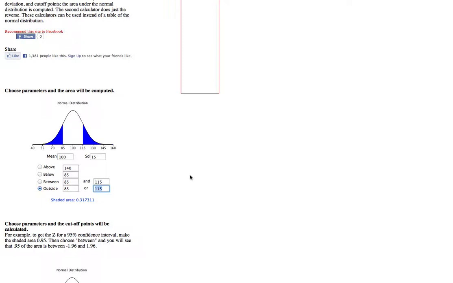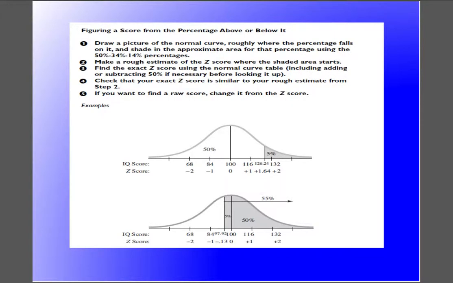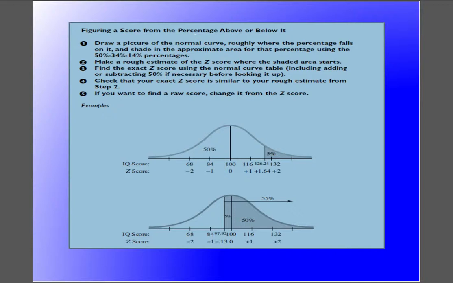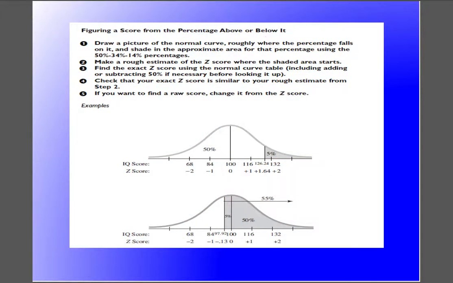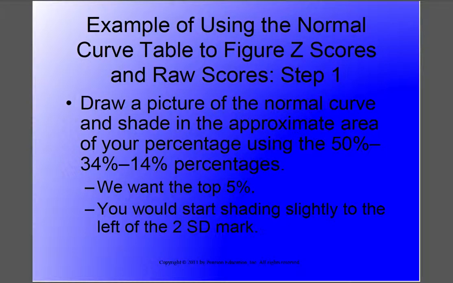So in the assignment for this week, you're going to need not only to use this as a fallback, but I'm also going to expect that you're going to be using these methods for computing the percentage above or below a particular point in a normal curve.